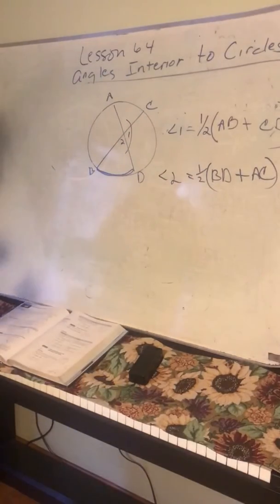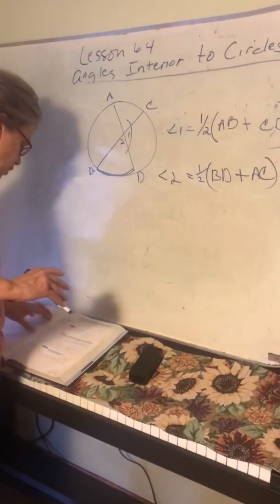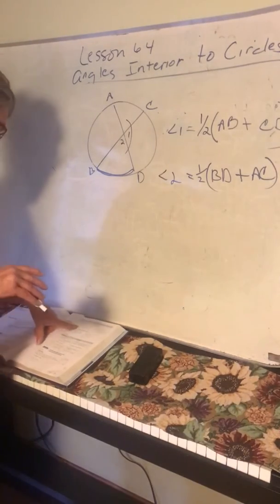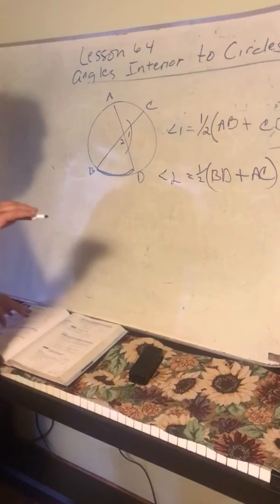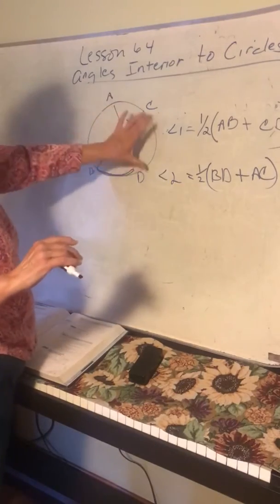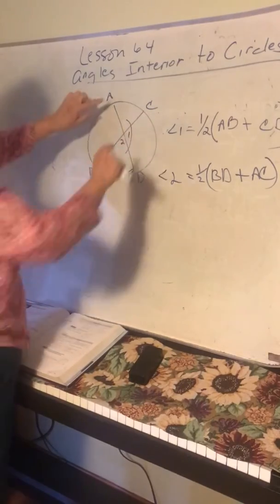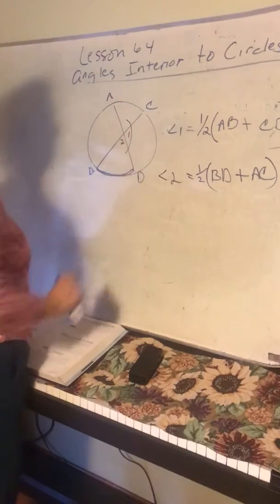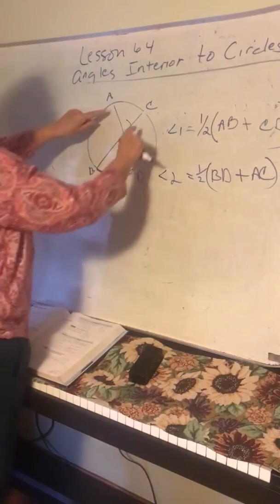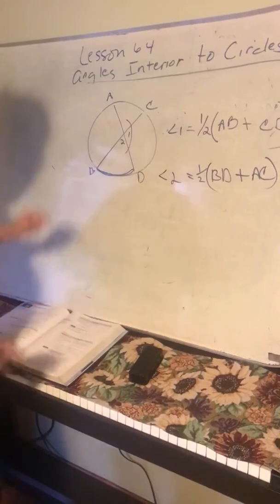That is intersecting chords. The angle is equal to 1/2 the sum of the intersected arcs. These are called the intersected arcs for angle 1, right here, and 1/2 of that.